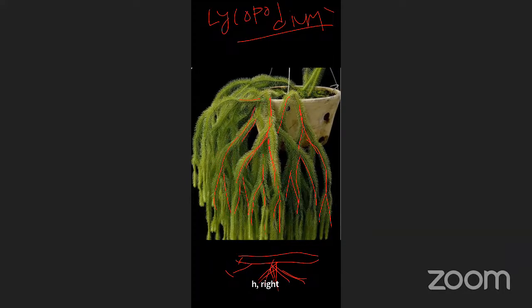And on the dichotomous branches, leaves are developed. The leaves are minute, and the leaves are sessile.